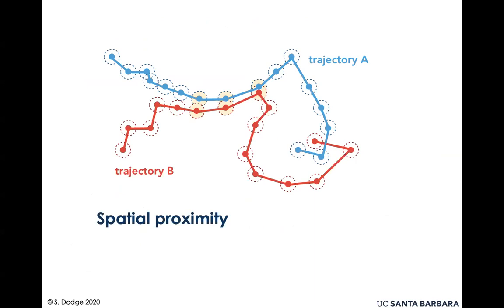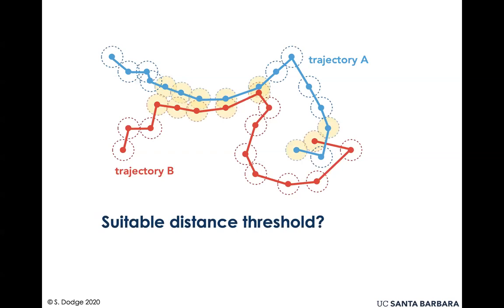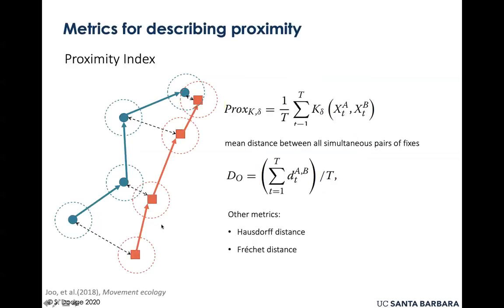However, as you know, proximity requires a threshold, like a buffer, and the size of the buffer influences the number of interactions we identify in our tracking data. One proximity measure looks at a threshold and calculates how many times, or the median distance, between the two entities, or how many times these two entities come within a certain distance of each other.